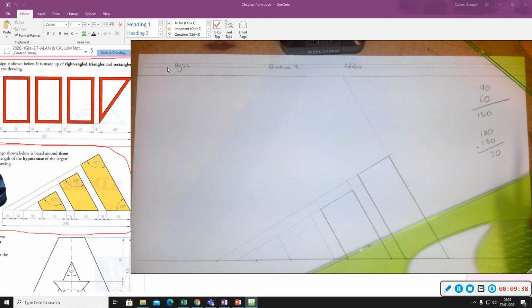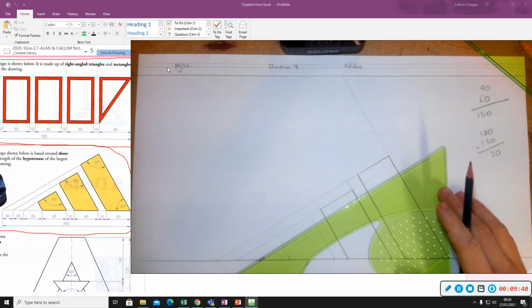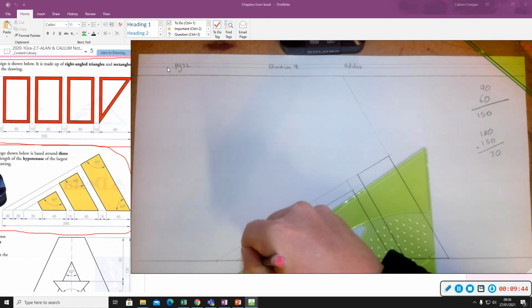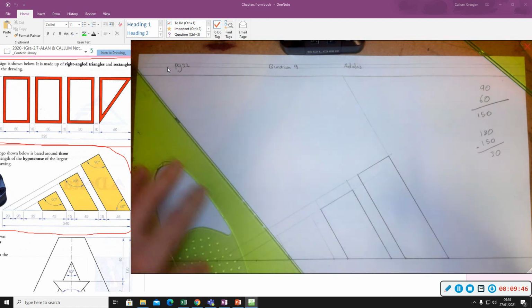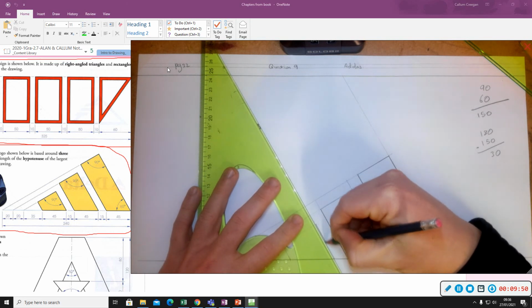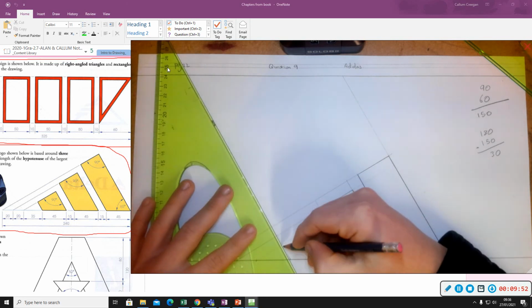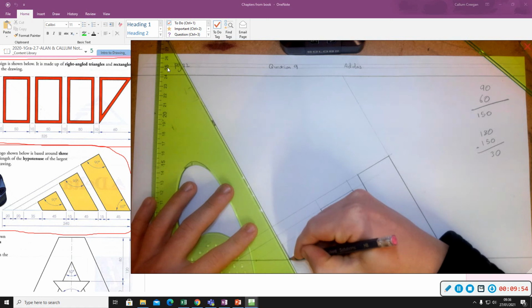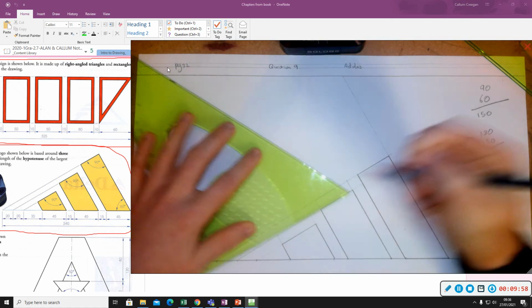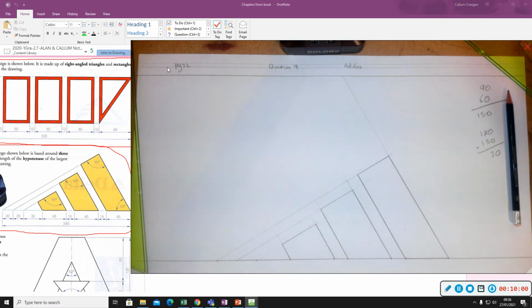I'm not putting my set square first and then drawing it. I'm putting my pencil on the point, then the set square. That's what you should be doing. And this is almost finished.